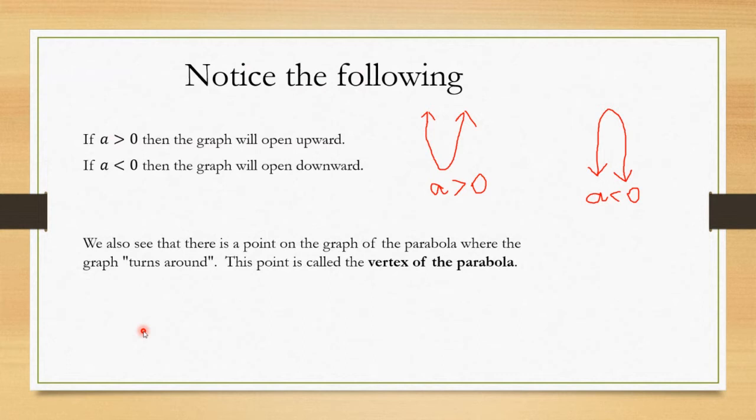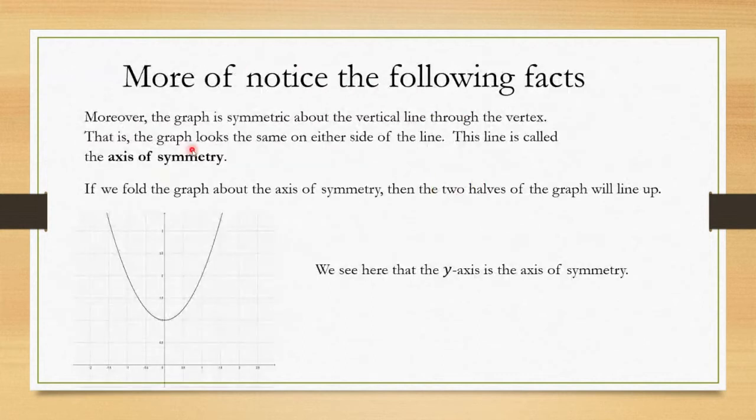Also, we have this notion of axis of symmetry. It turns out that the graph is symmetric about the vertical line that goes through the vertex. And what do I mean by symmetric?